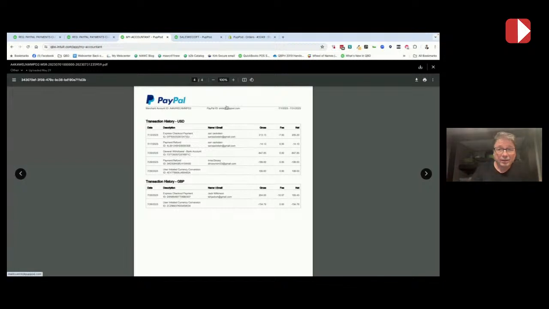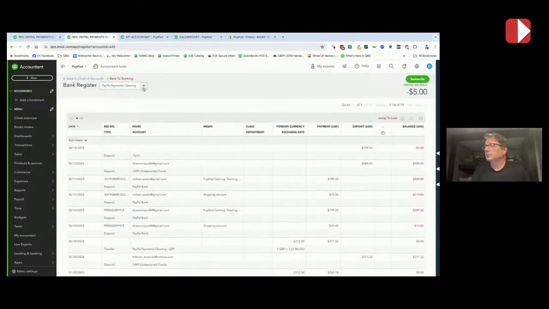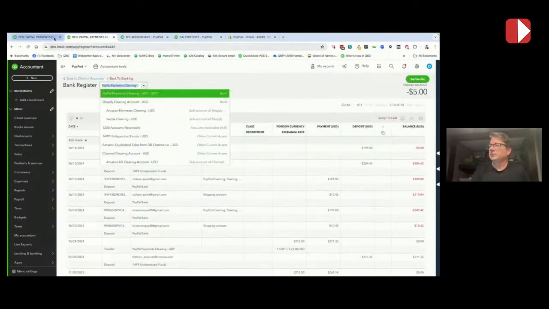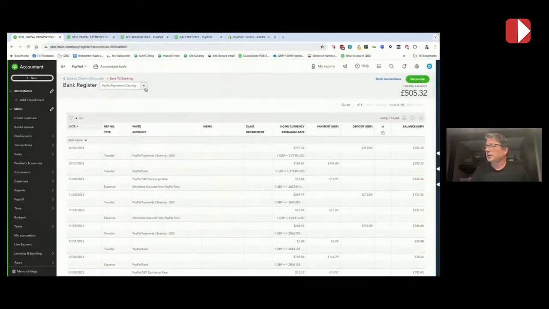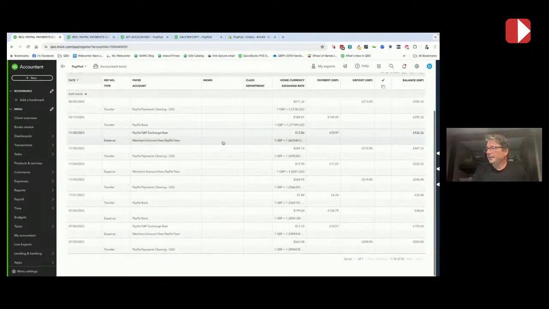So we want to account for that too. And that's what we'll see here, make sure I'm in the right one. Oops, I'm in the wrong register. So we'll see that here, that fund sweep of 154.79 is being moved over into the US dollar PayPal bank account so that they actually issued the refund.